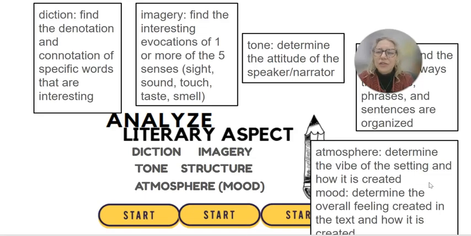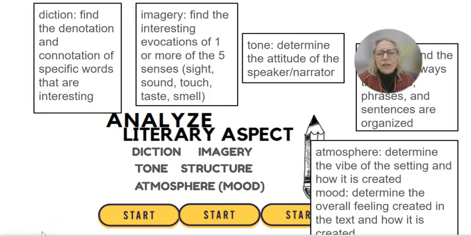So it's closely related to atmosphere, but it's created by more than just how the setting is described. So you can also look at this, especially atmosphere, if you're looking at descriptive sentences. Okay, so you start there. You start with these good things when you're looking at your examples, right?